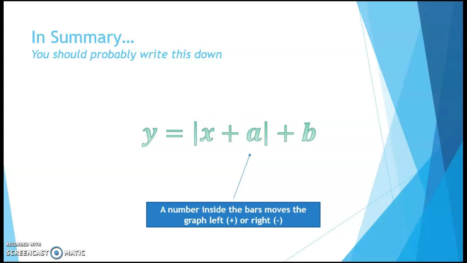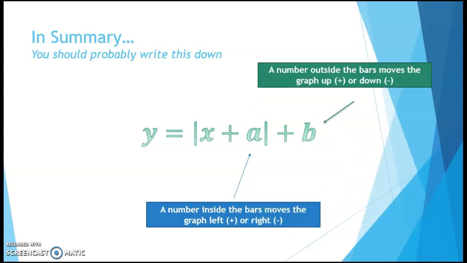So if it was x + 5, the graph would have shifted to the left 5. And if it was x - 5, it would shift to the right 5. The number outside the bars moves the graph up if it's a positive value or down if it's a negative value. Feel free to pause the video at any time and make sure you get the notes.